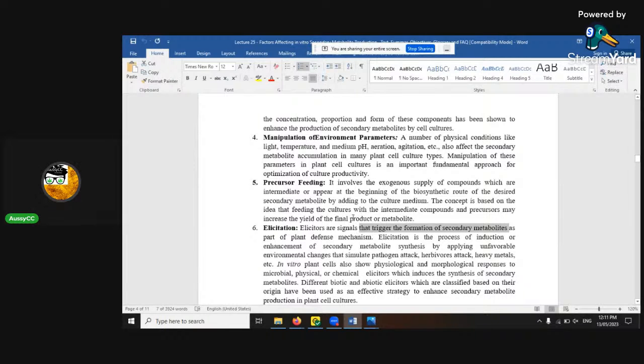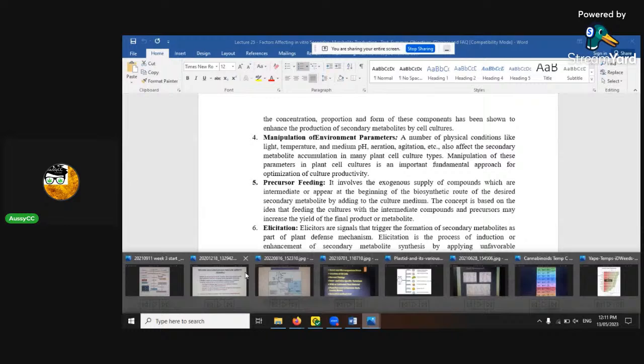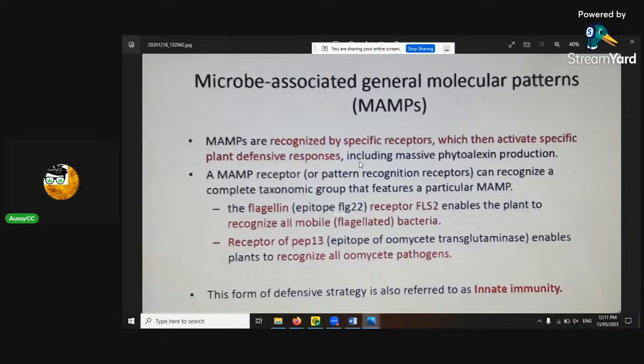And that changes differently. So remember, there's in the MAMPs, the microbial activated molecular patterns, different receptors and pathways activated from different approaches.